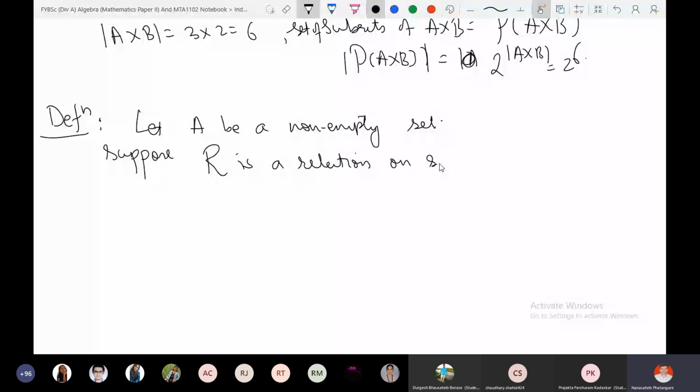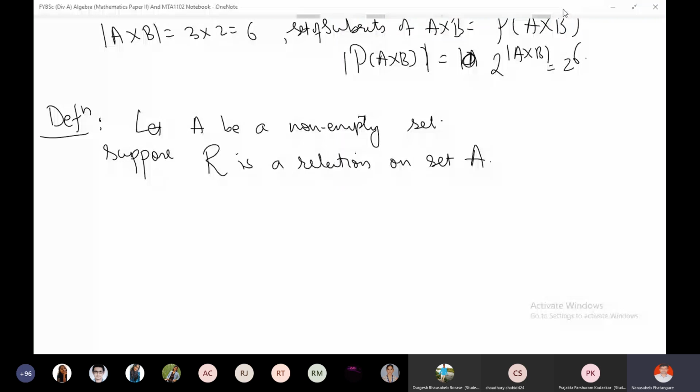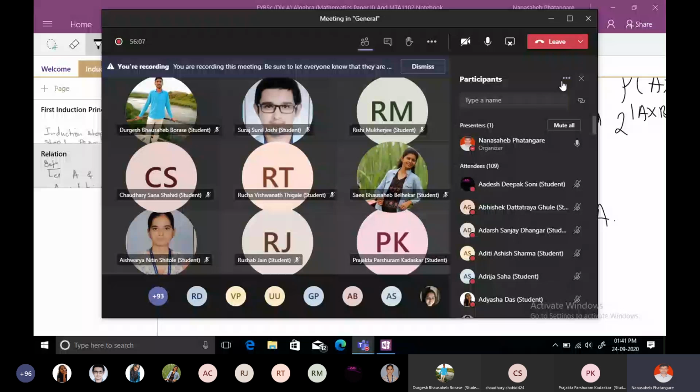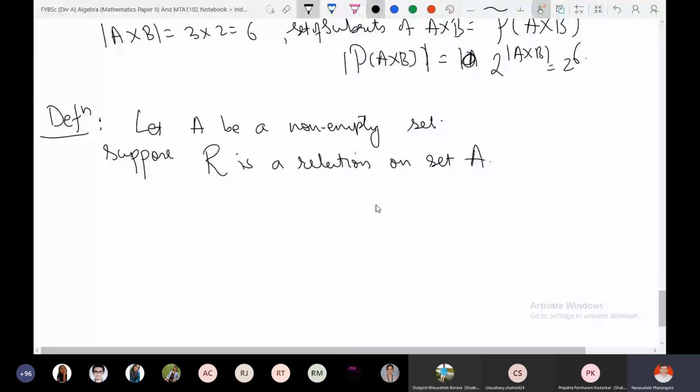Any doubt in these two sentences? A is a non-empty set and R is a relation on A. I think there is no doubt because it is clear. So what I mean to say is that R is a relation on set A, that means the relation defined among elements of set A.